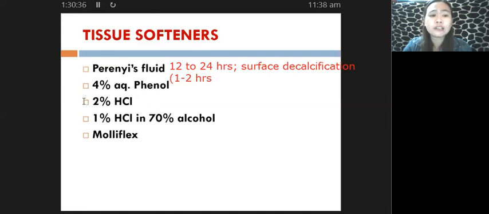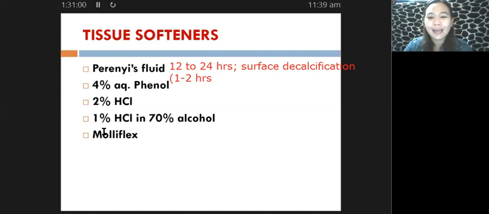We can also make use of 2% hydrochloric acid and 1% hydrochloric acid in 70% alcohol. That means 1% hydrochloric acid in 70% alcohol can be used for both surface decalcification and as a tissue softener, just like Perenyi's fluid.